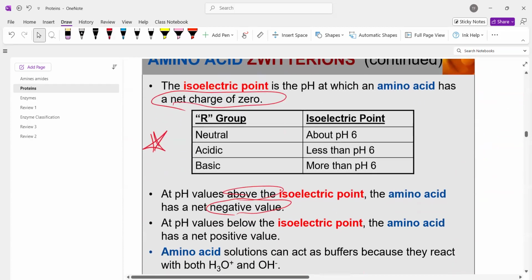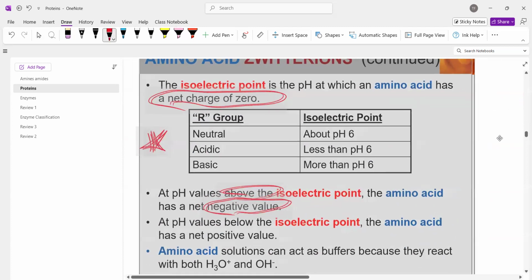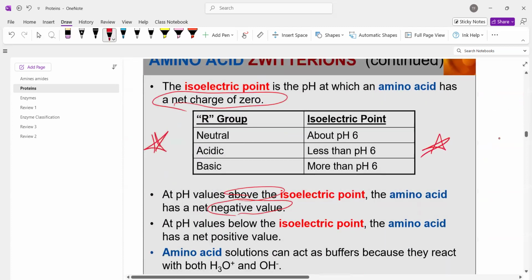Now, this is something very, very important, and you need to know this, okay? Something called an isoelectric point. Now, isoelectric: iso means the same. Electric means that there's no charge, no net charge.